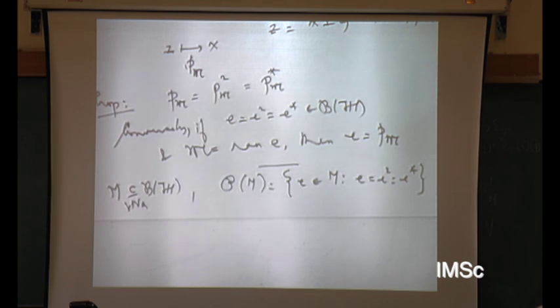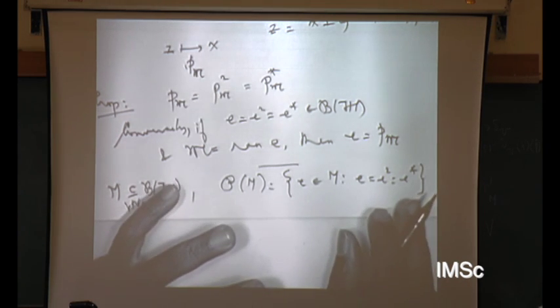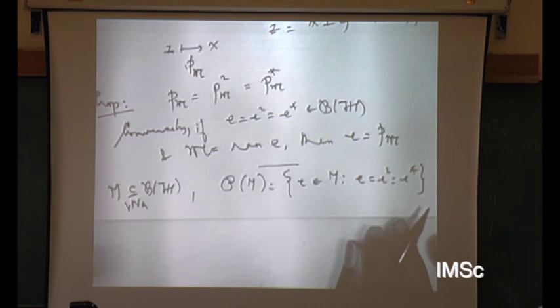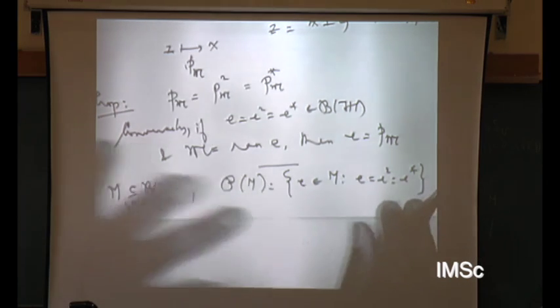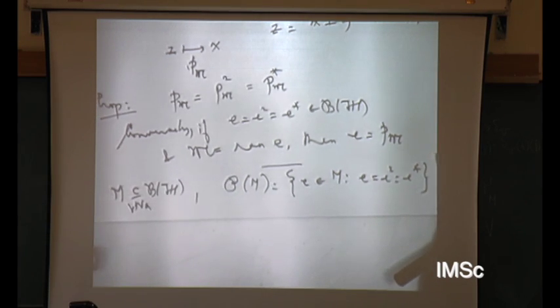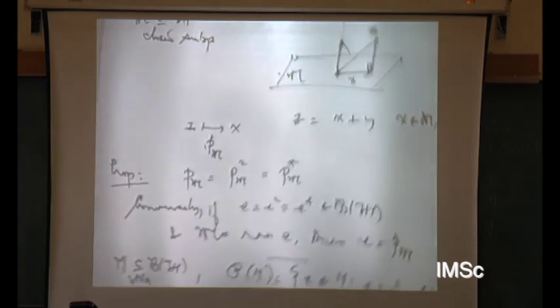Then you can talk about a projection being in a von Neumann algebra. It turns out the study of projections is very centrally and intimately connected with the study of von Neumann algebras.